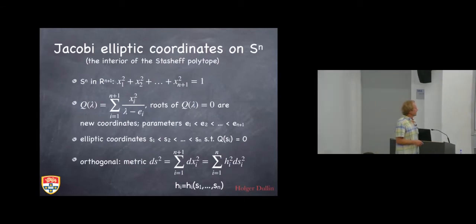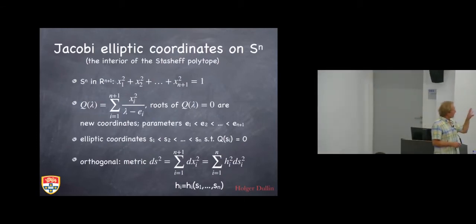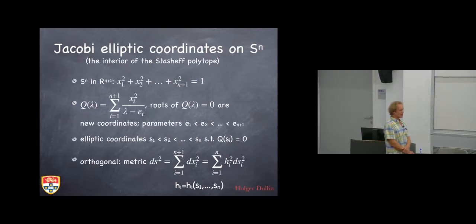Okay, all right. So now let's remind ourselves what Jacobi did, and hopefully I'll answer your question of what I mean by separation of variables here. So now I'm going to a point that's inside the Stashev polytope. So this is the generic situation.